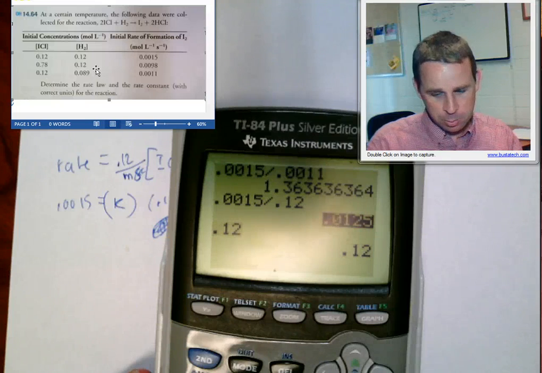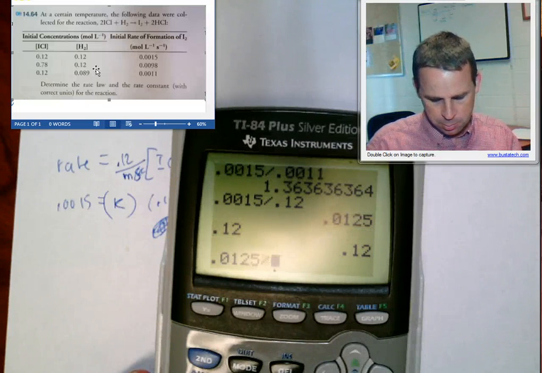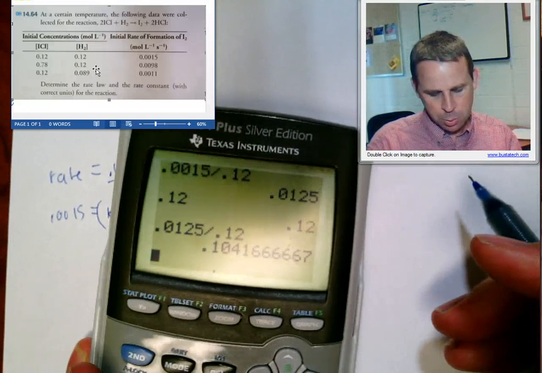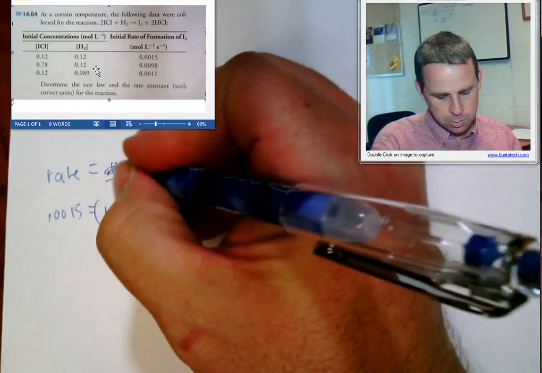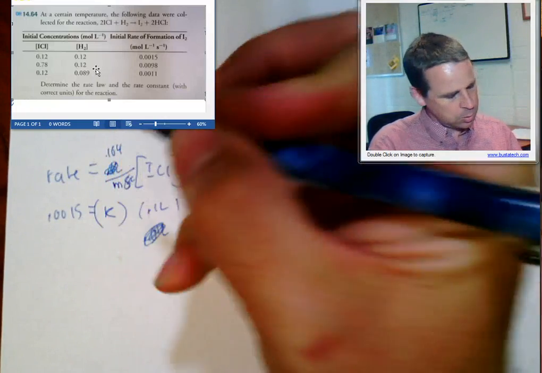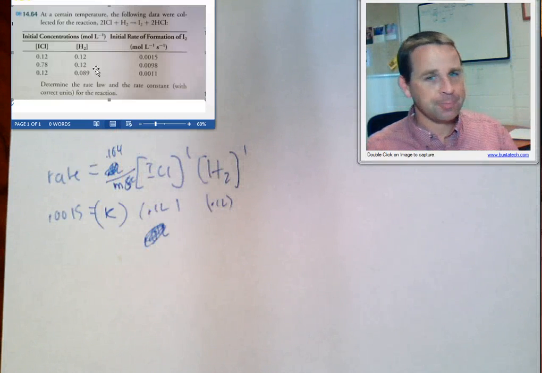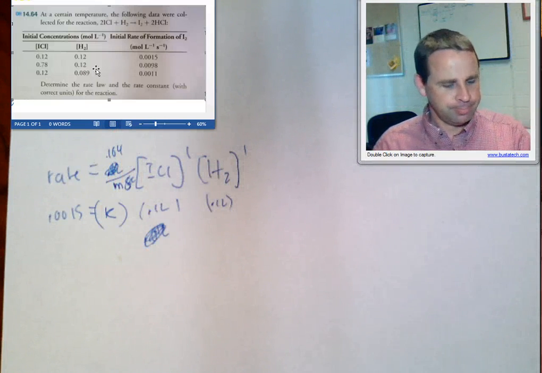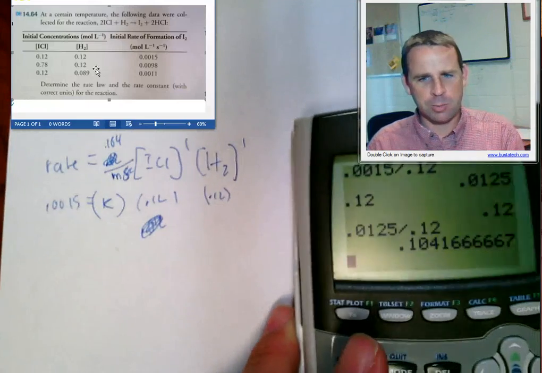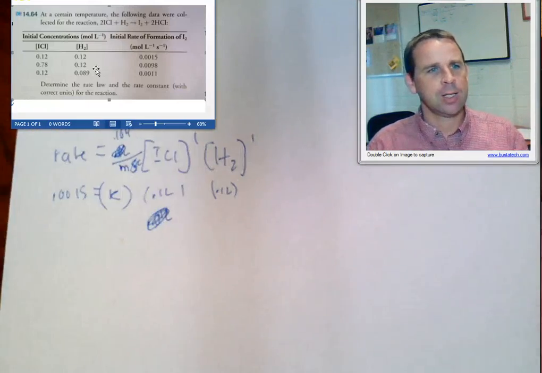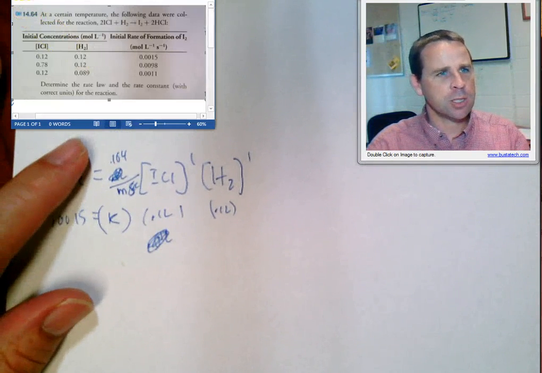I didn't say divide by. There we go. Divided by 0.12. There it is. That's our K value, 0.104, so 1.04 times 10 to the minus 1. I went too fast in my calculator. Didn't divide by the 0.12 again. All right. Excellent. So that's 1464.